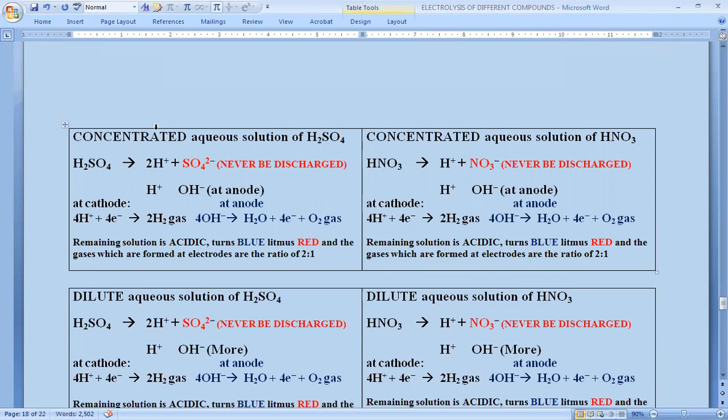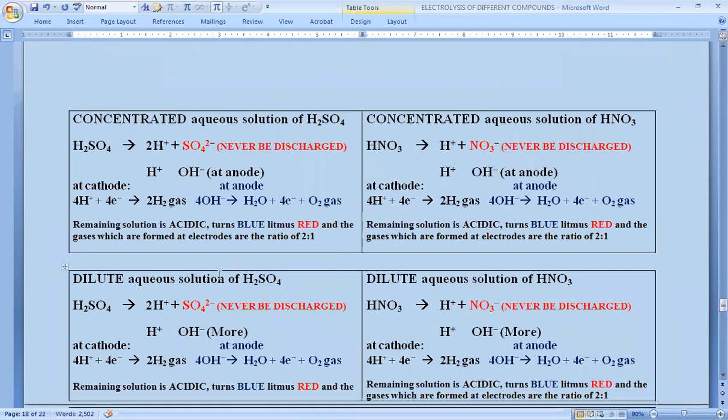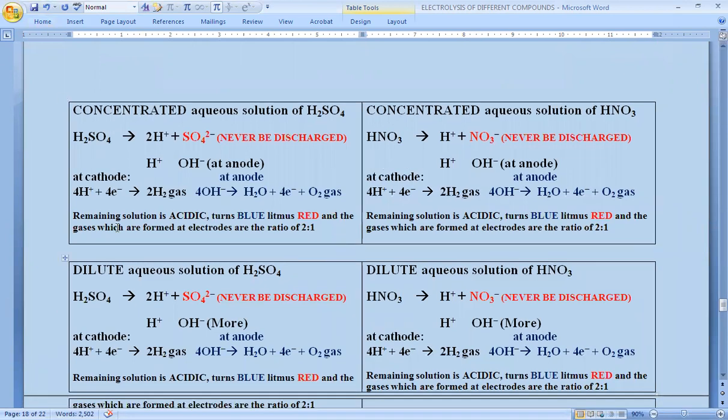So the result of an aqueous dilute solution of any acid remains the same as concentrated H2SO4 or concentrated nitric acid, and dilute aqueous solution of sulfuric acid or dilute aqueous solution of HNO3. It means that if concentrated sulfuric or nitric acid is there, sulfate ion and nitrate ion would never be discharged at the anode. So the remaining hydroxide ion travels toward the anode. As a result, oxygen gas is formed while hydrogen gas is produced at the cathode.